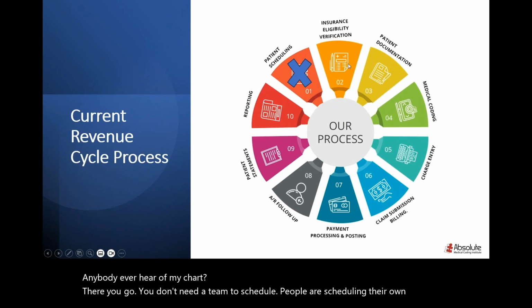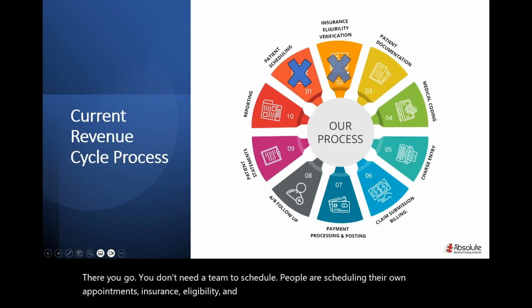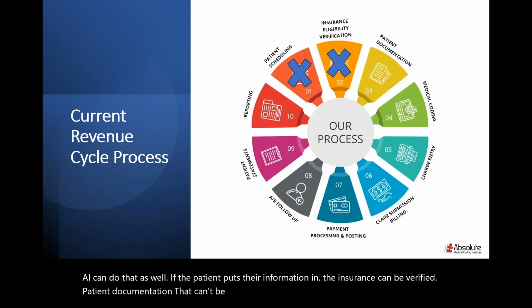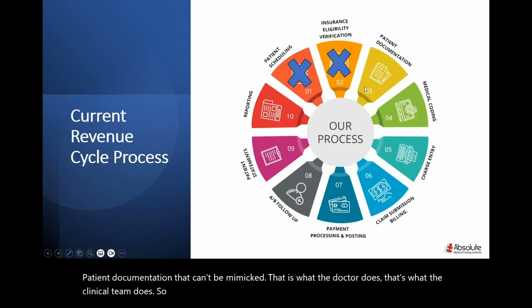Insurance eligibility and verification, AI can do that as well. If the patient puts their information in, the insurance can be verified. Patient documentation, that can't be mimicked. That is what the doctor does. That's what the clinical team does. So that cannot be taken away. Medical coding, that has to stay too. Who's going to monitor AI?